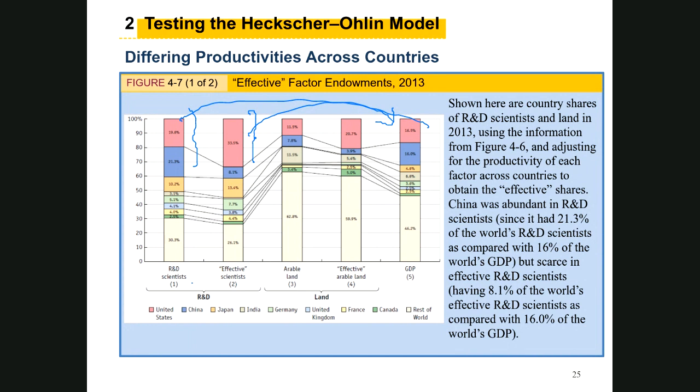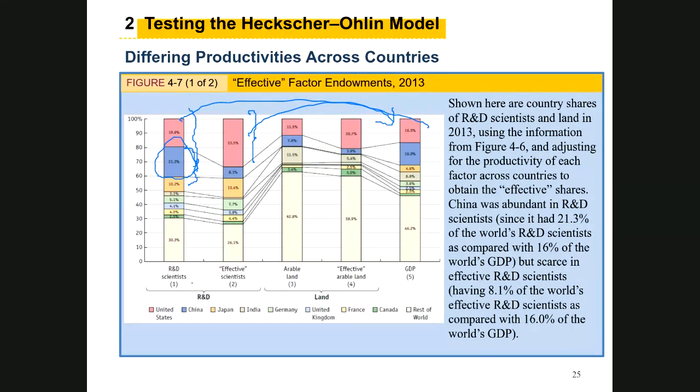However, in the case of China, originally, if we only count the number of R&D scientists, it takes 21.3% of the world R&D scientists.